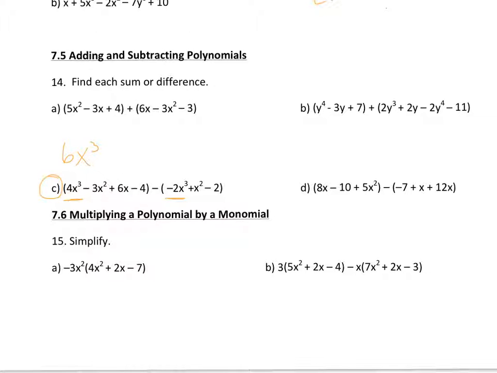So I'll write the answer above that problem. Then I look at negative 3x squared minus x squared to give me negative 4x squared, and then 6x minus no other x, so plus 6x. And then the last thing I look at are the numbers here, negative 4 minus negative 2, which is really negative 4 plus 2, which is negative 2 for my final answer.